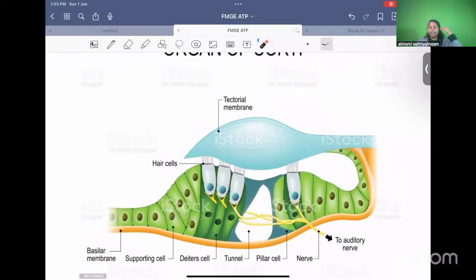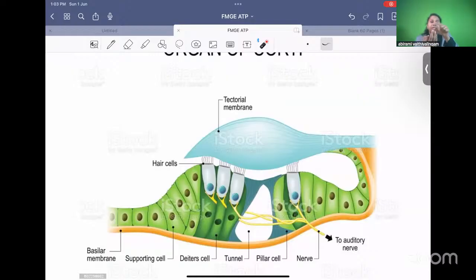Whenever any sound enters, your basilar membrane will move. If the basilar membrane moves, this is going to push on the hair cell. Hair cells have stereocilia of different heights. The shortest one is called stereocilium, the tallest one is called kinocilium. So when sound enters, the basilar membrane moves, and it will push the stereocilia towards the kinocilium. Short ones are moved towards the taller ones.